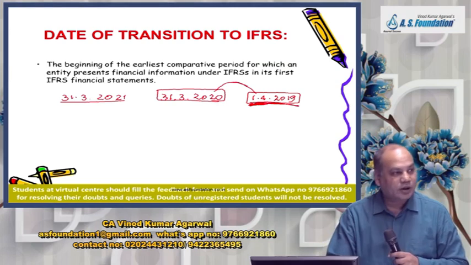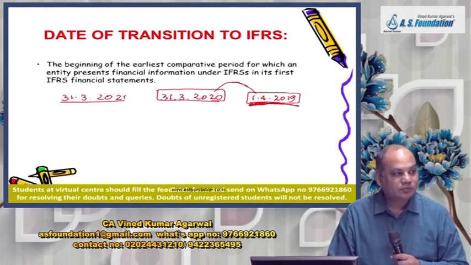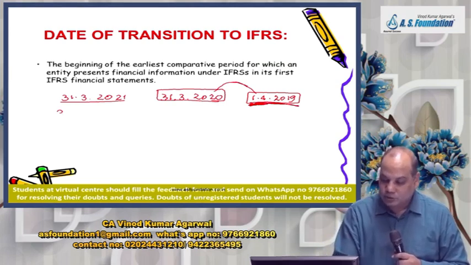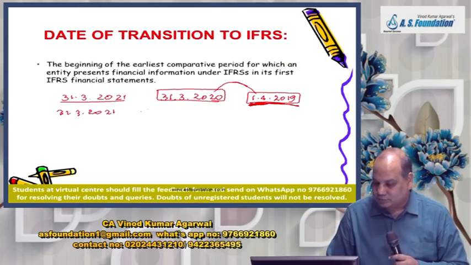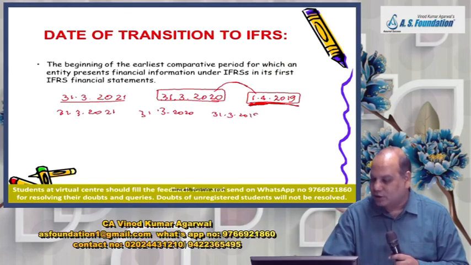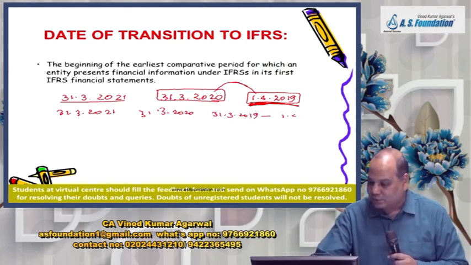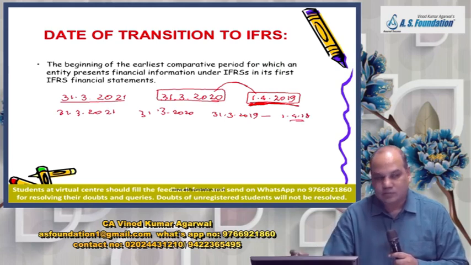If I am preparing 3 comparatives, although nobody will do that, but let us say a company prepares 3 comparatives: 31st March 2021, 31st March 2020, 31st March 2019. Can I give 2 more comparatives? Yes. Then the beginning would be 1/4/18.